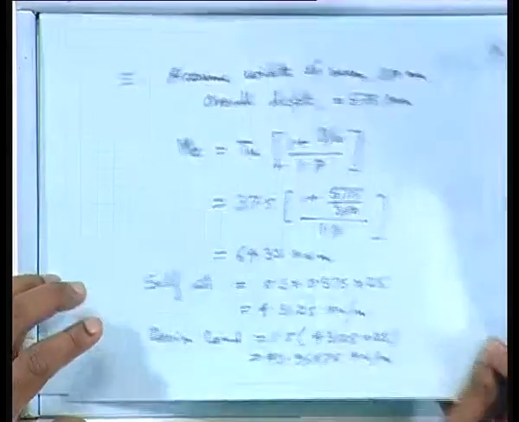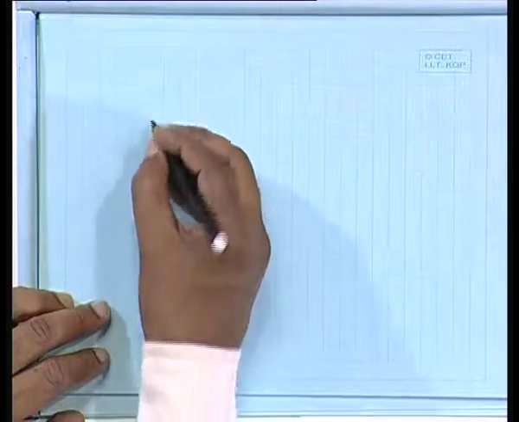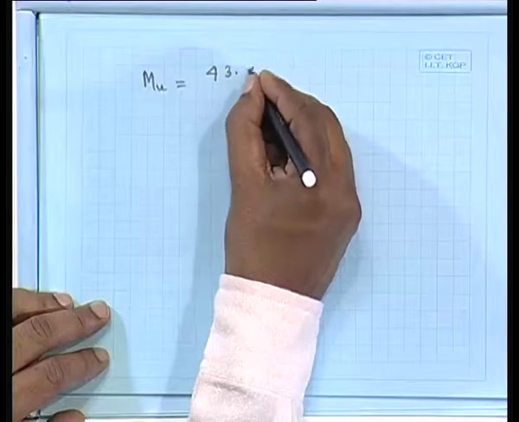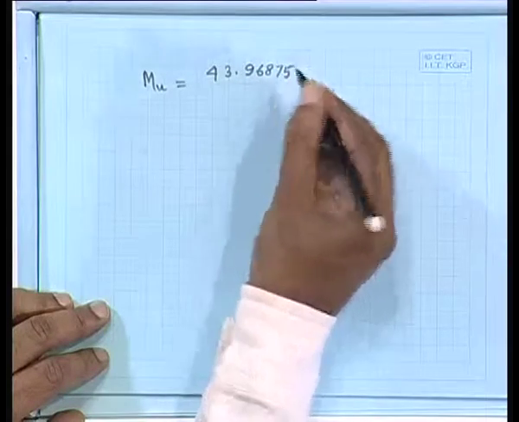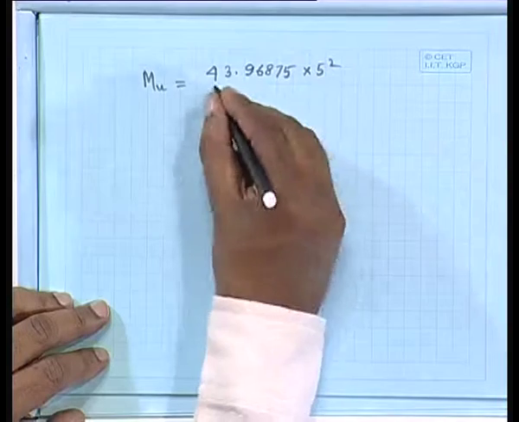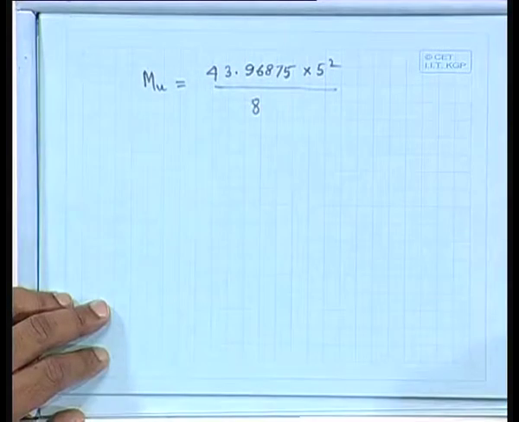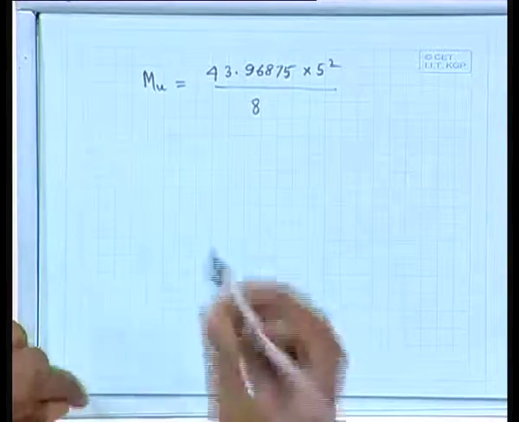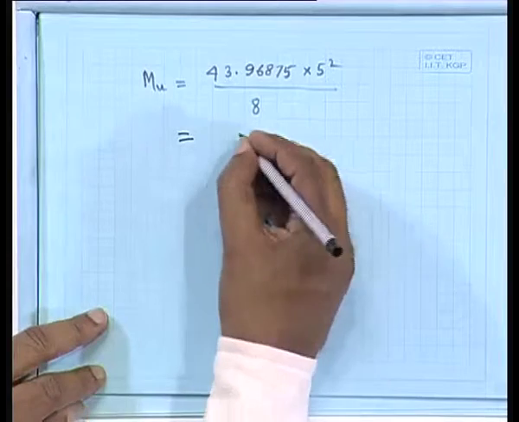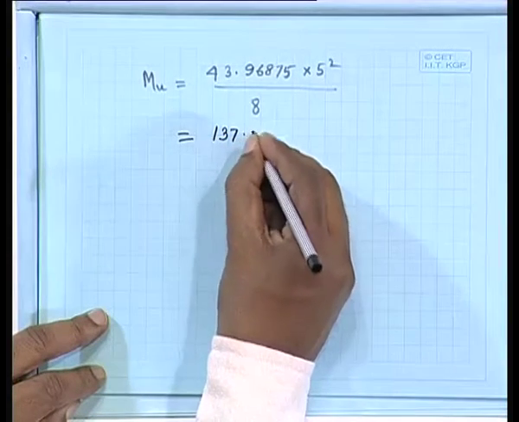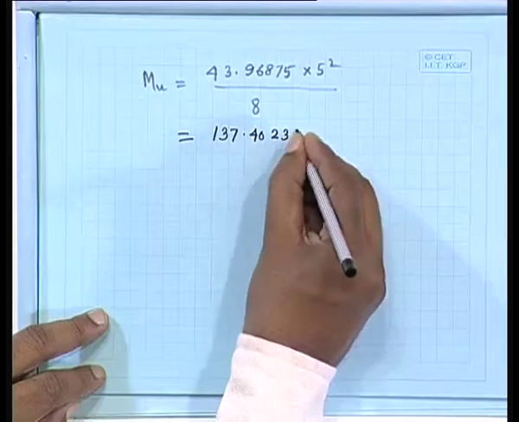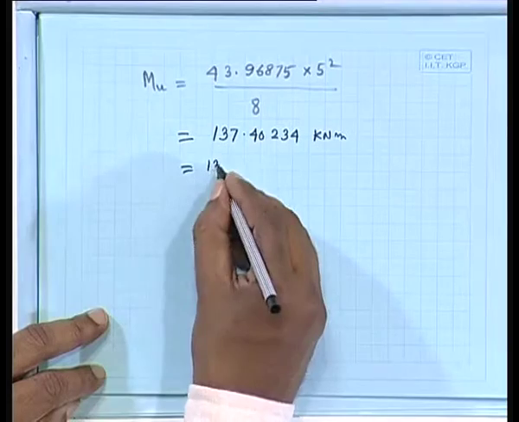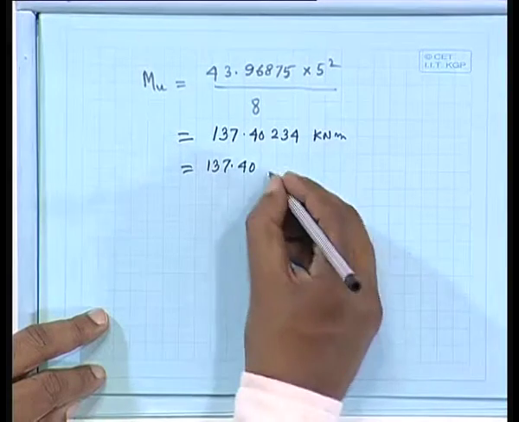We can calculate that MU equal to 43.96875 times 5 square by 8 equals 137.40234 kilonewton meter. Let us say 137.40 kilonewton meter.